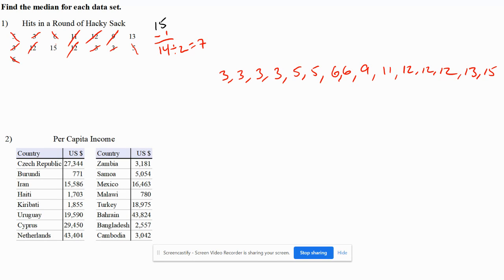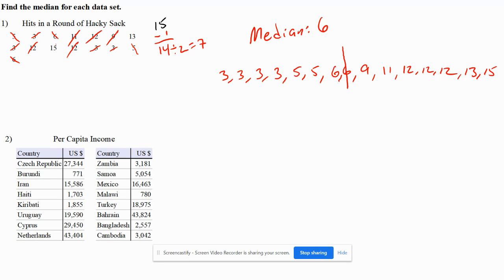I want 7 numbers on each side of my line. So let me go through this number, and I should have 7 numbers on each side of my line. Notice how I went through a 6. That tells me that my median, in this case, it's 6. It's the number I went through.